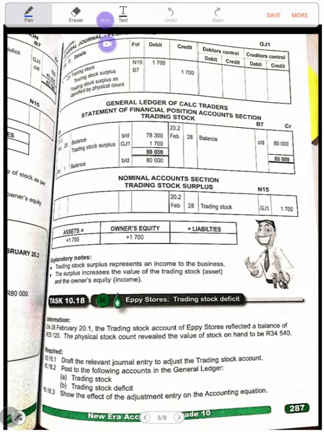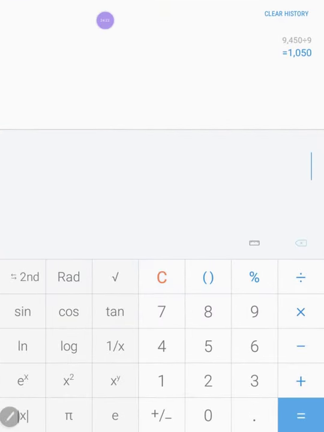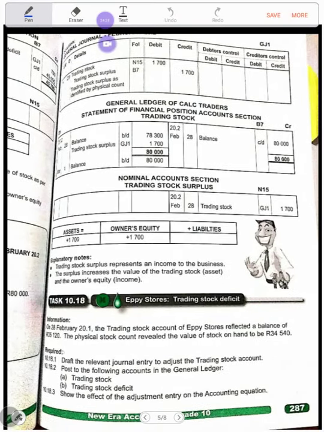Then you did a physical stock count at the end of the year, which revealed the value of stock on hand worth 34,540. Clearly you can see that there is a deficit that we have over here. If we work it out, in the beginning I had 35,120.